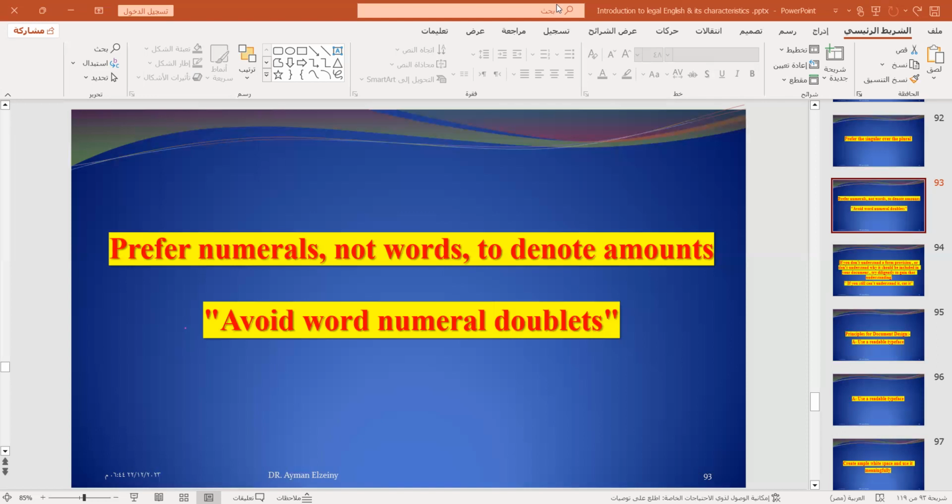For example, we don't prefer to write such a paragraph as follows.